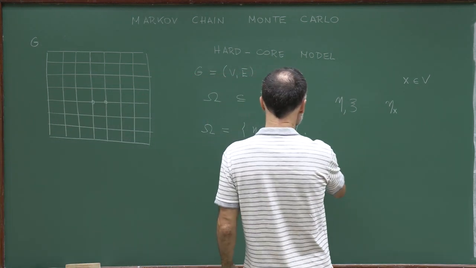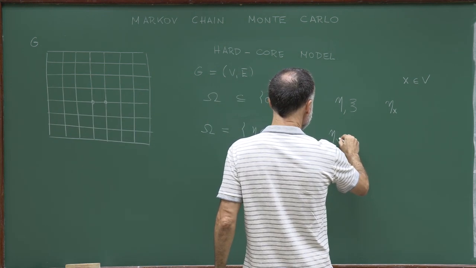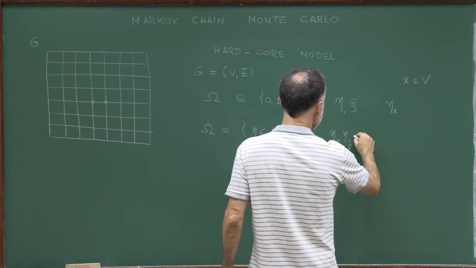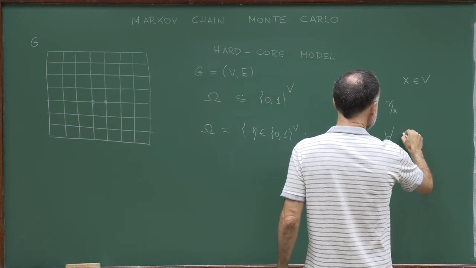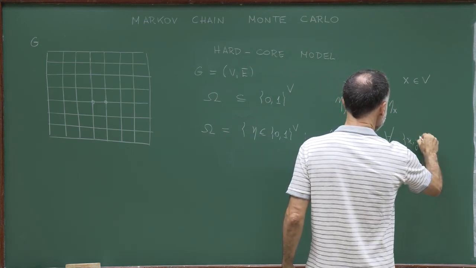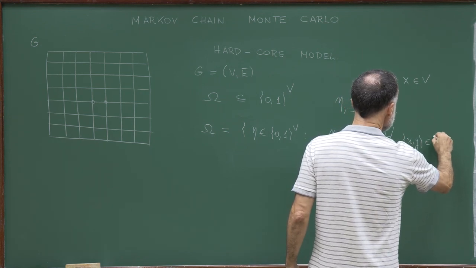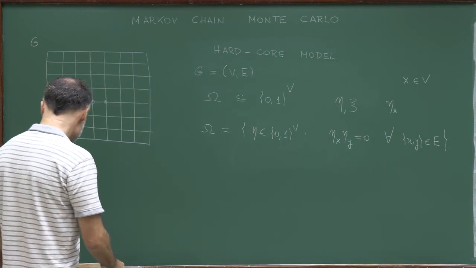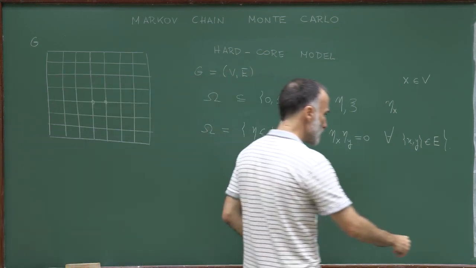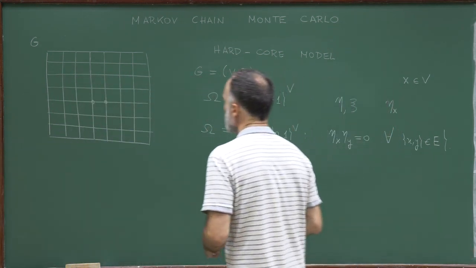This means these are all etas such that eta(x) eta(y) is equal to 0 for all edges, which means for all (x, y) which belong to the edge set E. So this is my state space.